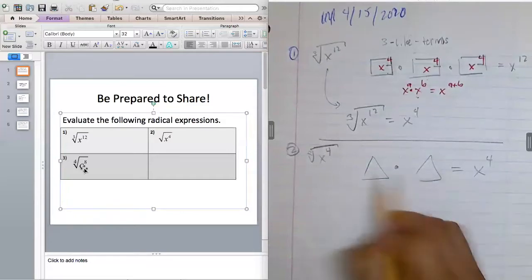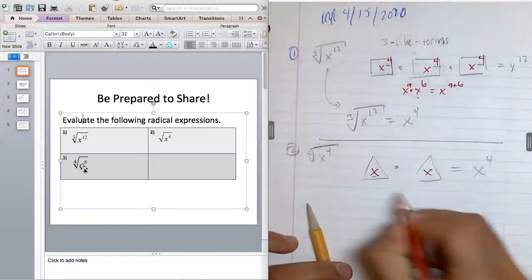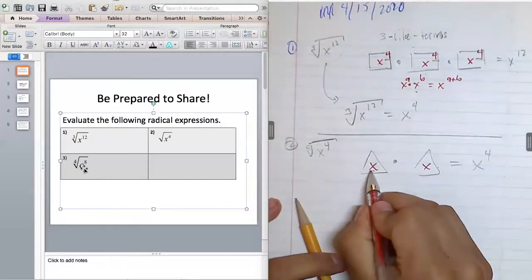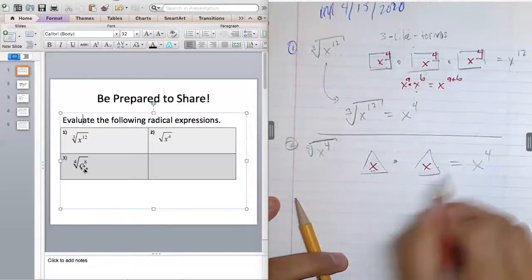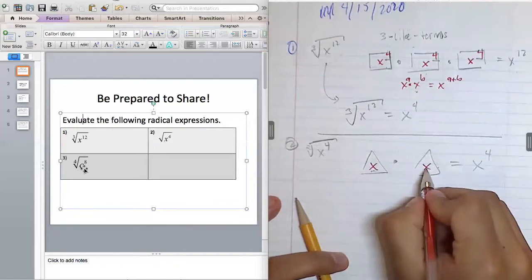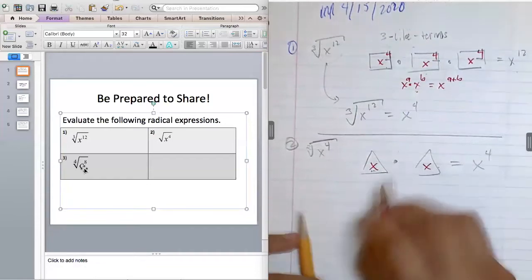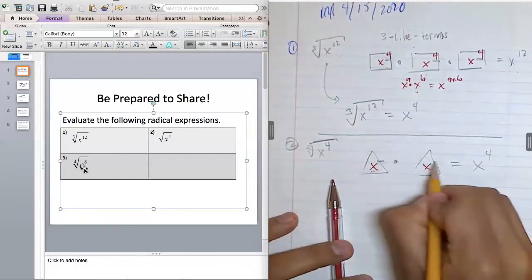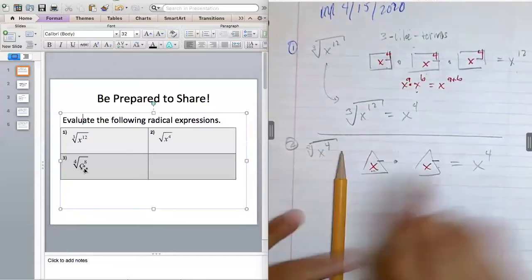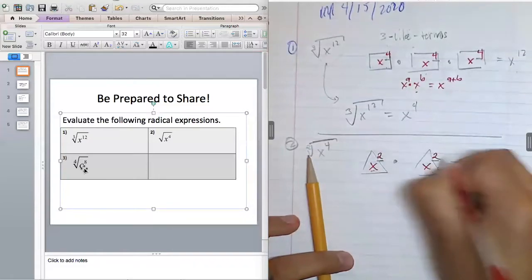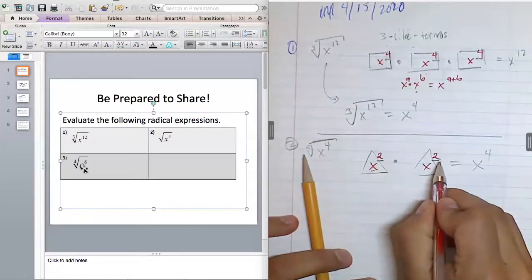Both of these are going to have an x in it, because x and y won't give you an x. x times x is x squared, but not x to the 4th. What do you think has to go up here? What is the exponent? You're right, 2, because x to the 2 times x to the 2 is x to the 4th.